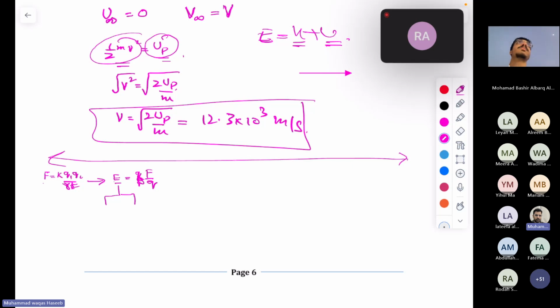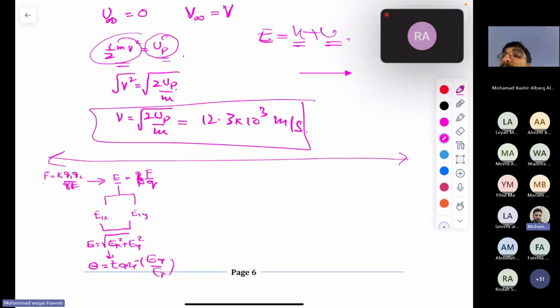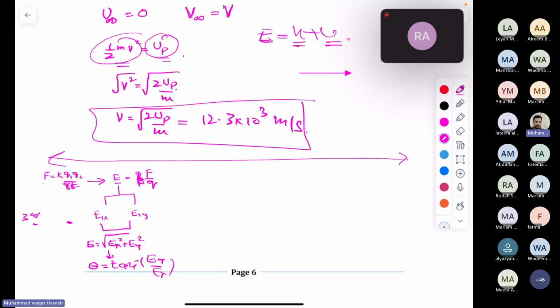To calculate the electric field, you have to calculate the components of the electric field along the directions x and y. Then the total electric field can be calculated from Ex squared and Ey squared. The direction of the electric field can always be calculated this way. But if you have a positive charge 3q and a negative charge q, the electric field direction will be outward because it follows from the magnitude of the charge.